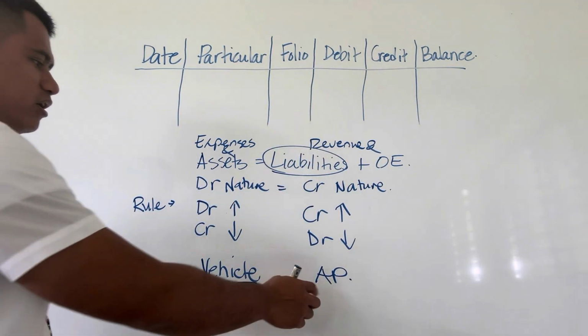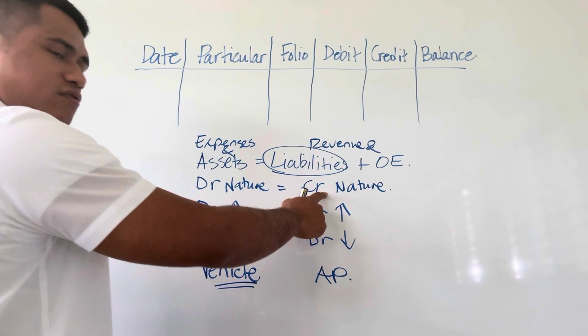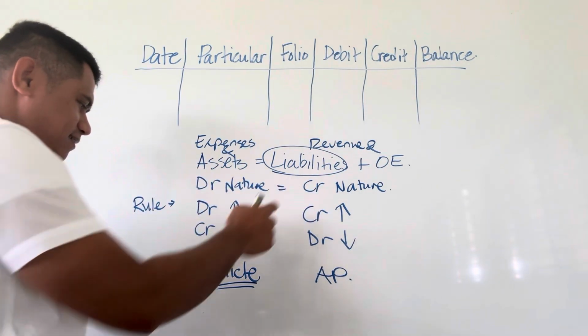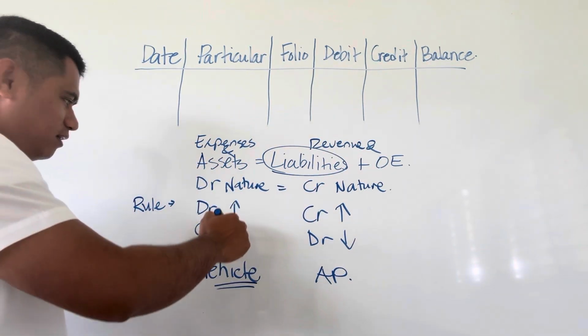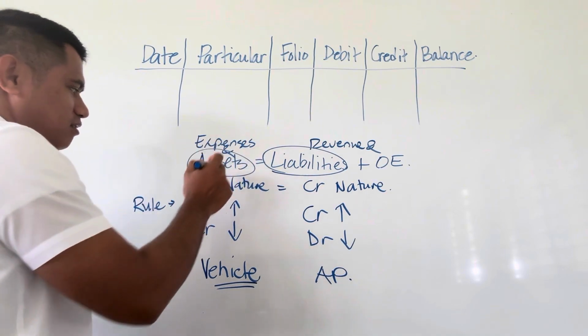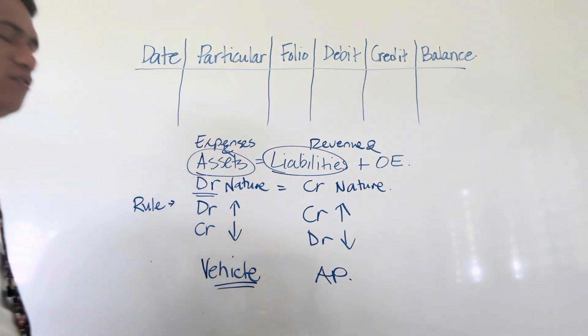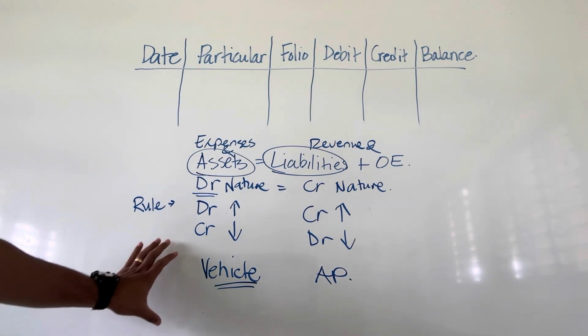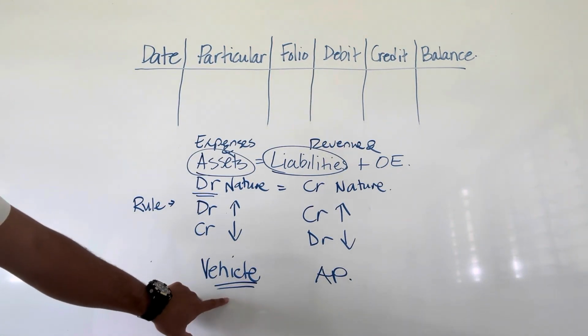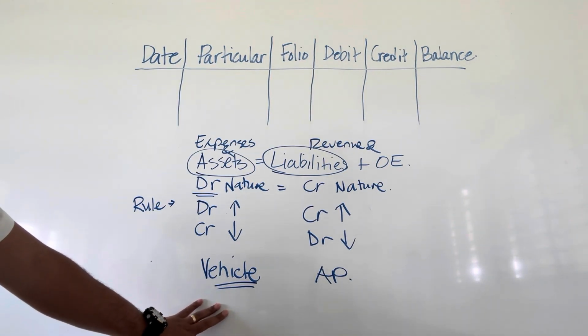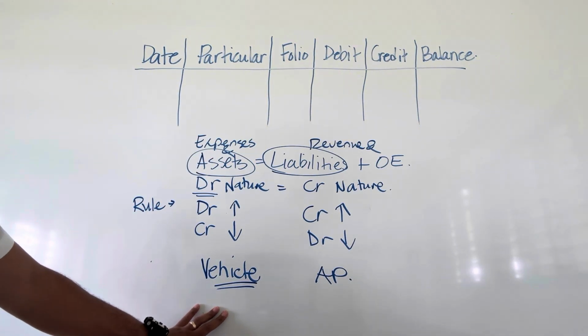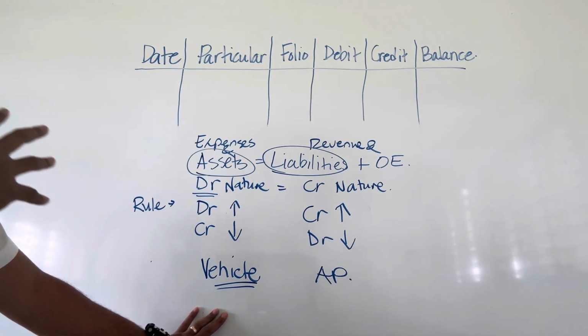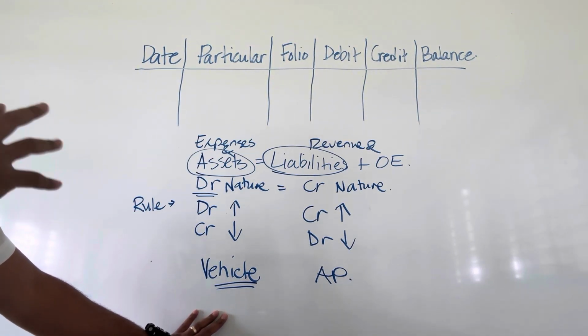Okay, so accounts payable has a credit nature, whereas vehicle is an asset, with a debit nature. So we increase the vehicle. Now the business has a new vehicle worth 20,000.